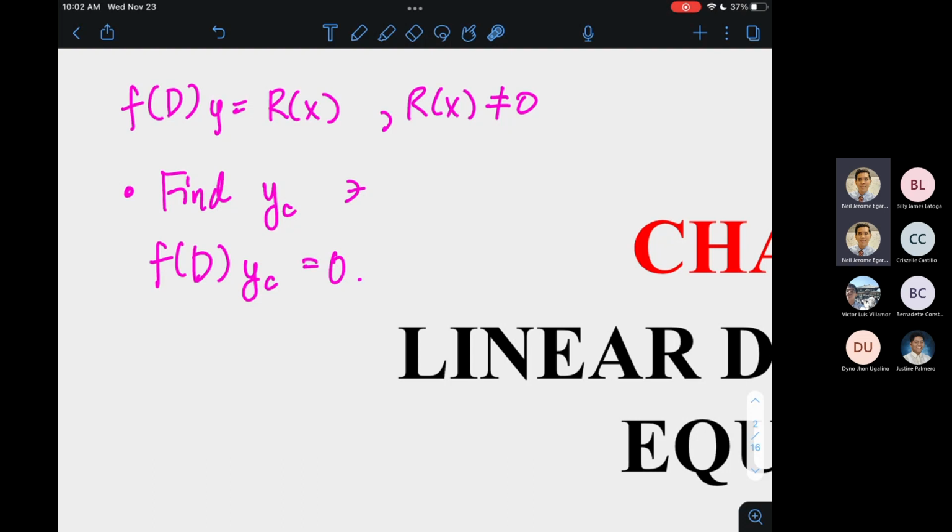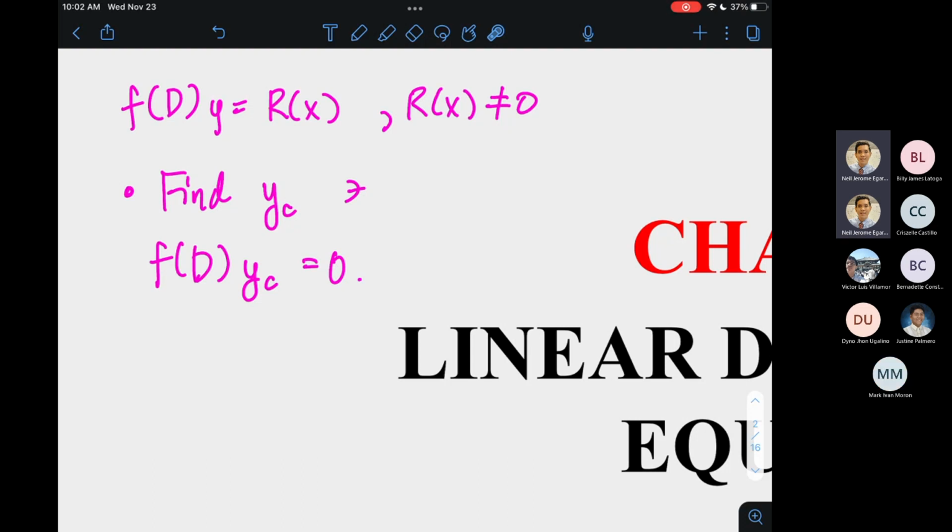Now, in principle, that should be an easy process. Pero in practice, kapag malaki yung degree ng characteristic polynomial, mahirap isolve yung characteristic equation, right? Kasi madali kung quadratic, quadratic formula lamang, right? Kung more than 2 yung degree, then you'll try factoring, you'll try the rational root theorem, or kung alam mo yung cubic formula, kung cubic yung f, then that's fine.